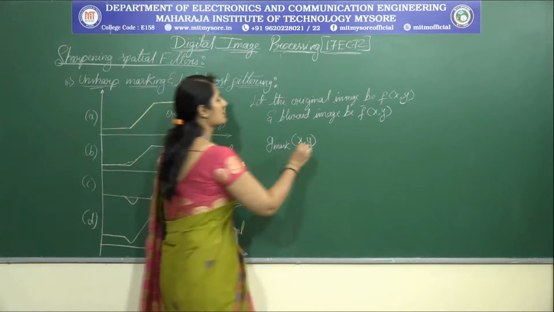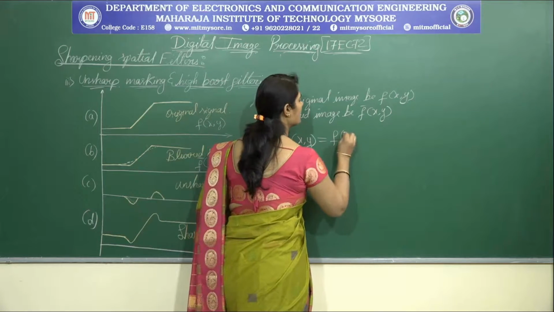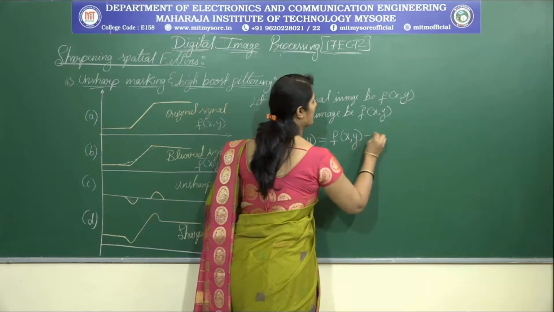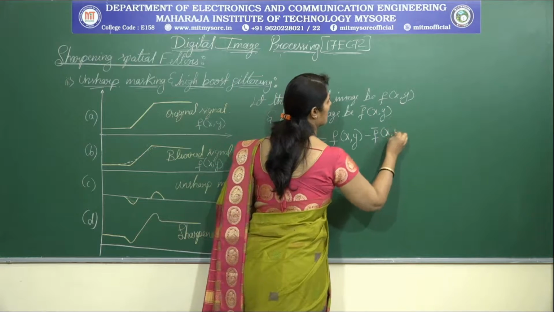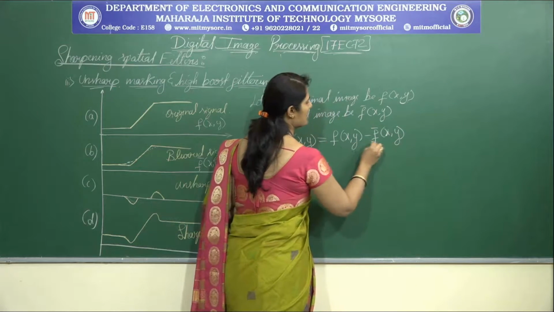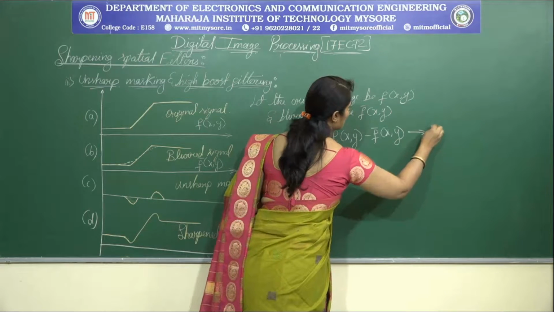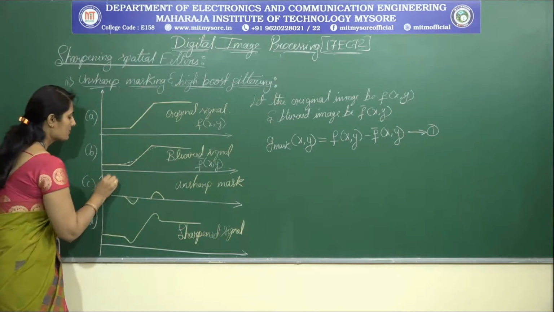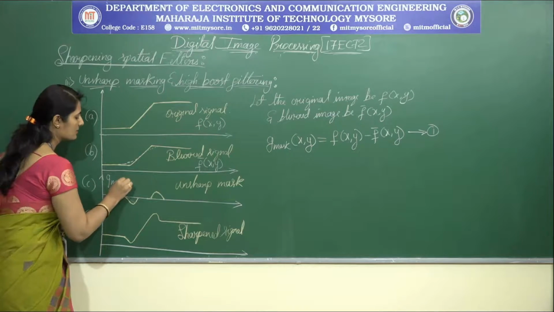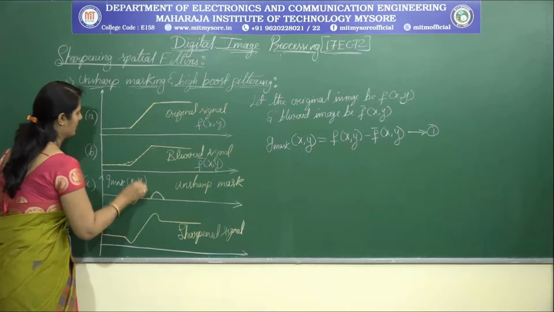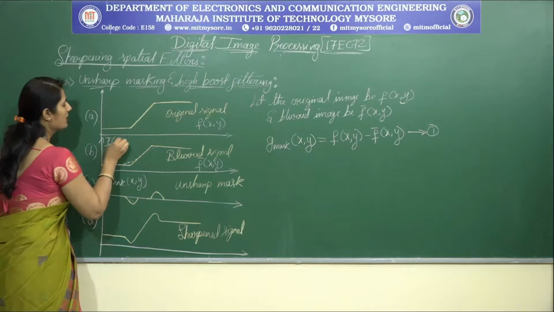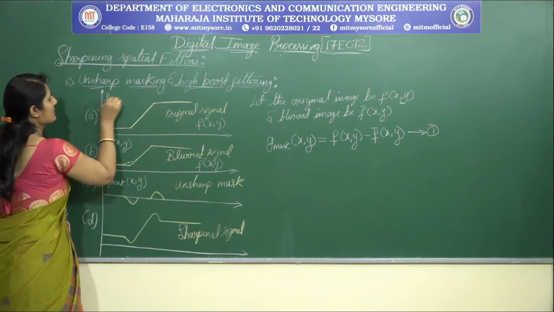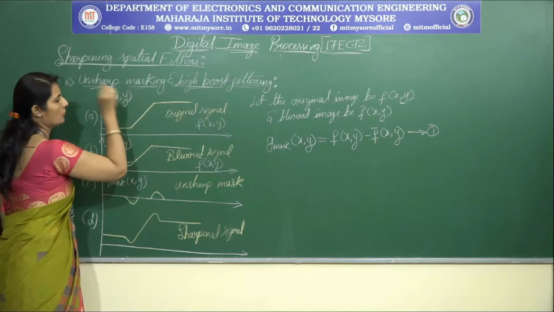So g mask of x comma y is equal to f of x comma y minus f bar of x comma y. Original image minus blurred image produces the unsharp mask. So this signal is g mask of x comma y, this is f bar of x comma y, and this is f of x comma y.